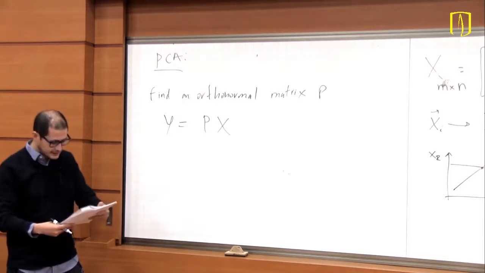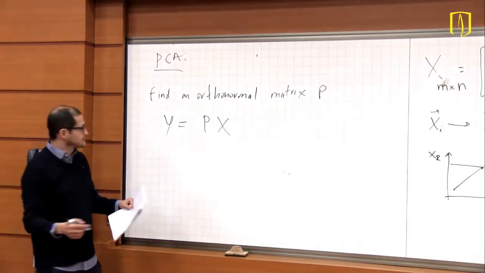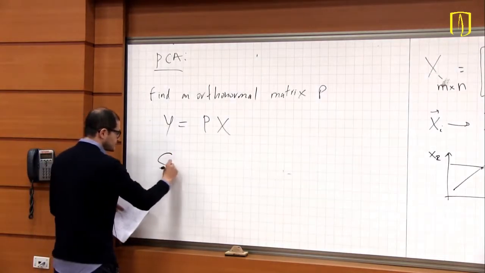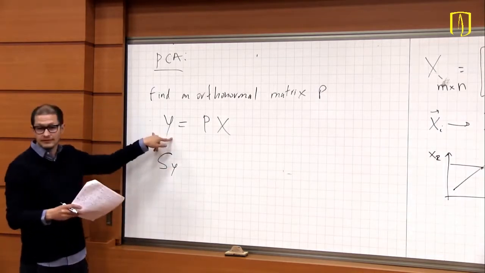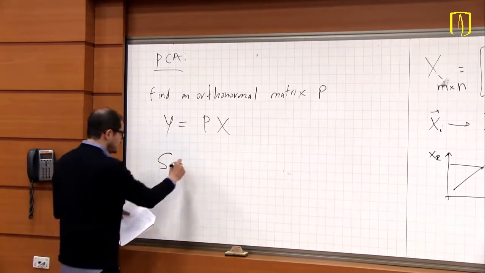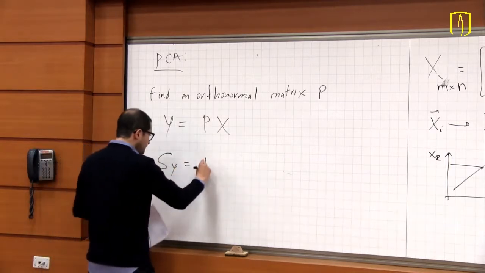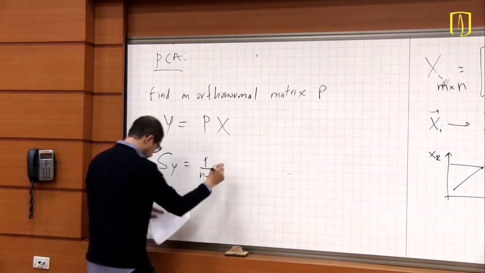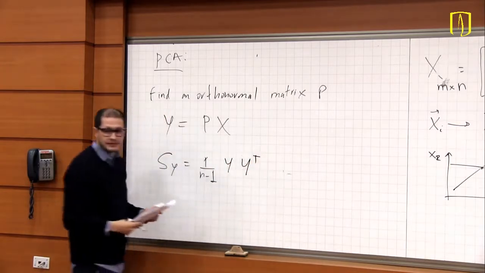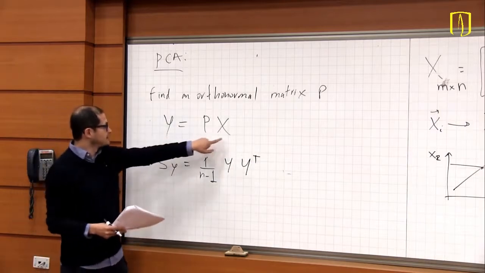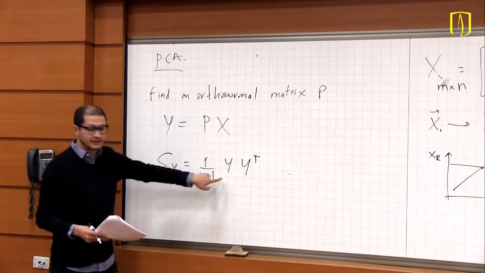So how do we find that? Let's construct the covariance matrix in this new space, or new representation. It's 1 over n minus 1 of Y times Y transpose. And then we can plug this in here.